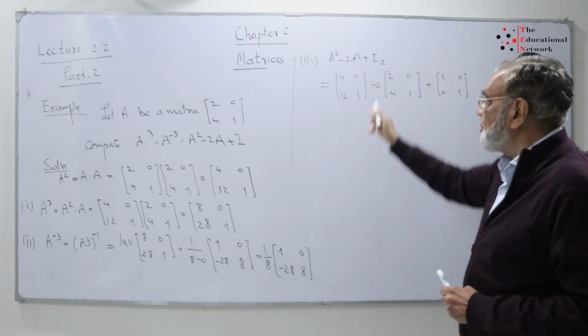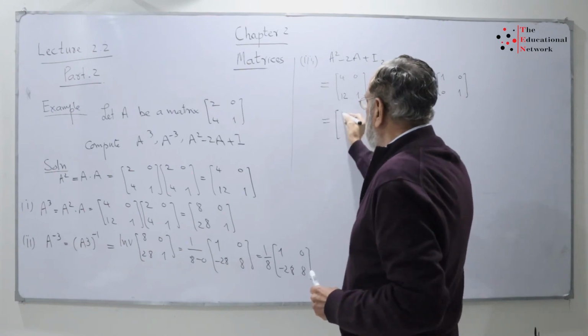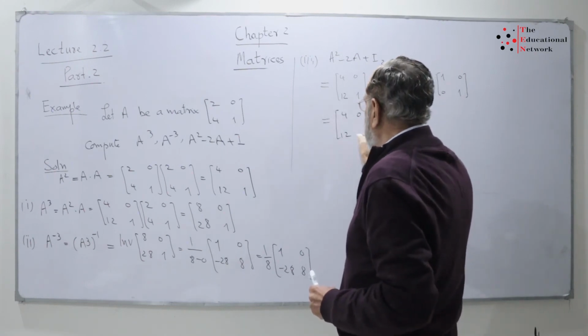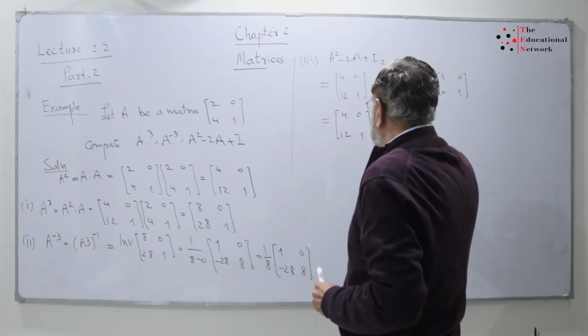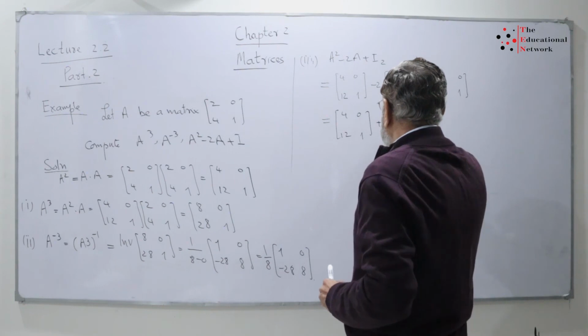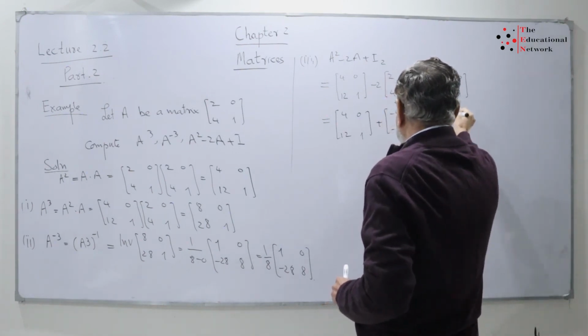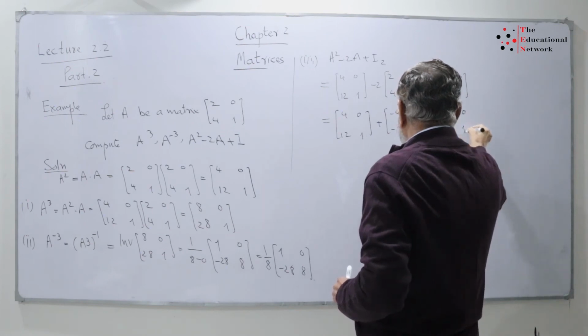So now I can simplify this and add them. I have 4, 0, 12, 1. I multiply by minus 2, I get minus 4, 0, minus 8, and minus 2, plus my unit matrix of size 2 by 2.